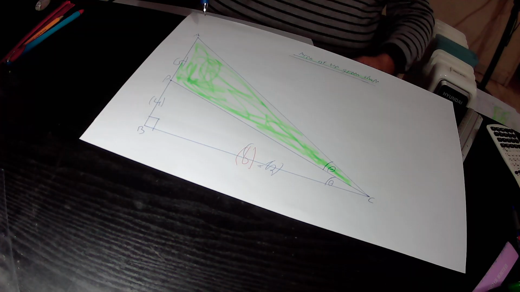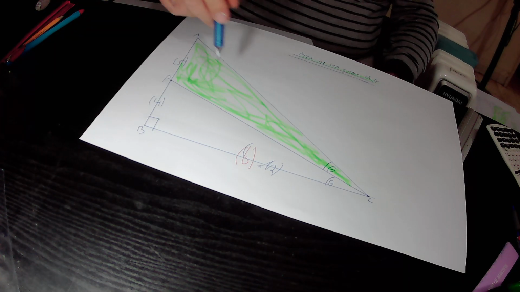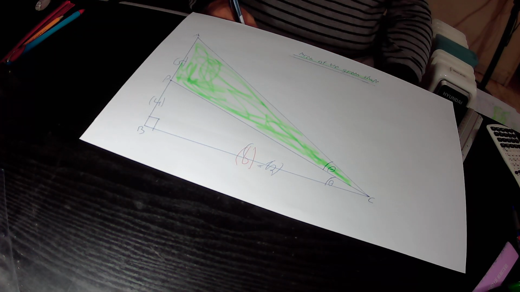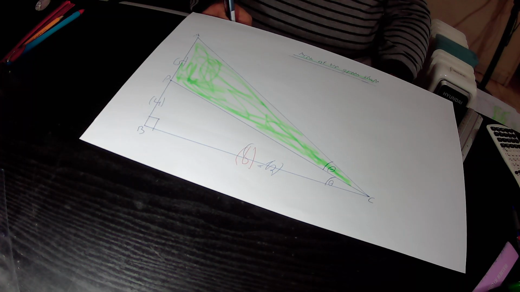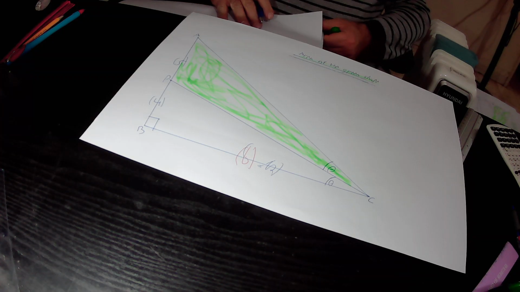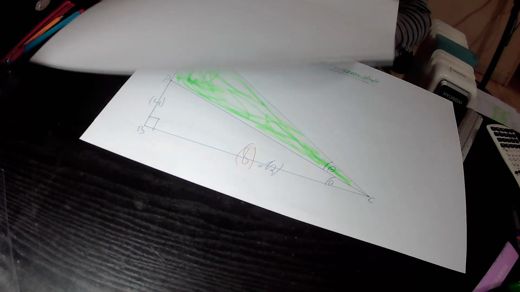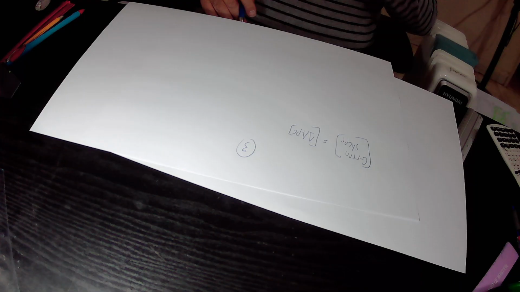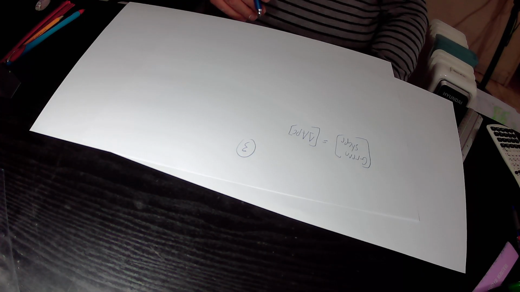The area of this green shape equals the area of this triangle APC. Again, the area of the green shape is equal to the area of the green triangle APC.